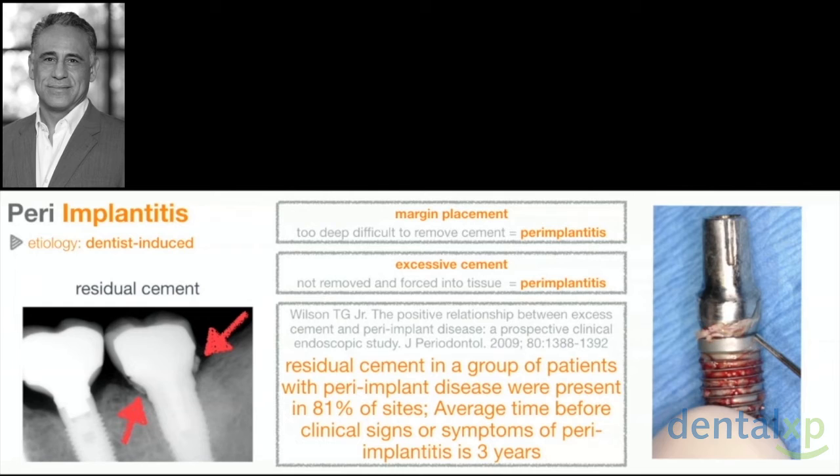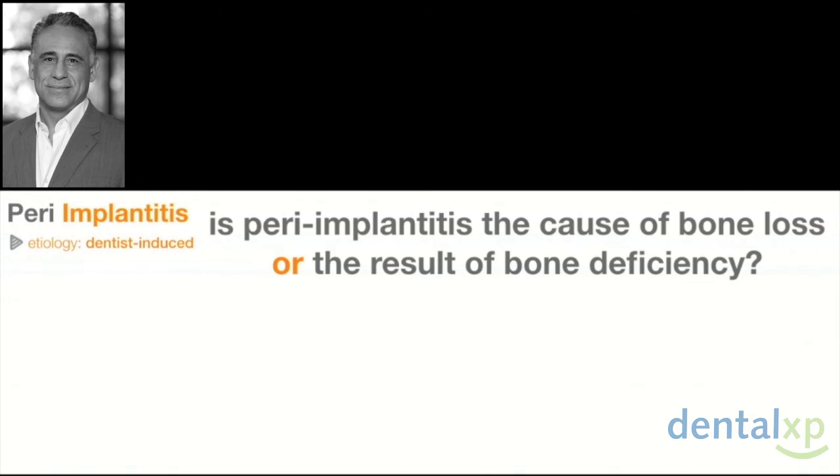Wilson published a paper looking at the residual cement in a group of patients with peri-implant disease, and noticed that about 81% of the sites had inflammation with the cement on the site. And the average time before the clinical signs or symptoms happened was about 3 years. So we might not see the evidence of this right away, but certainly down the line, the impact of the cement will be more observed.